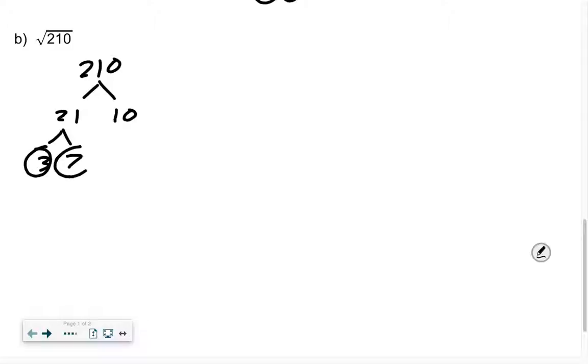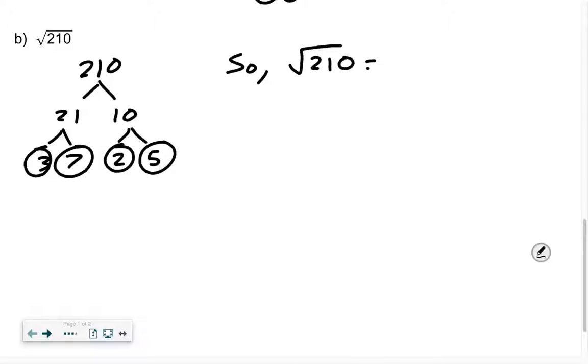And both of those are prime, and we're done. If we go to 10, we have 2 and 5. Very good. So at this point, we have the square root of 210, which is equal to the list of its primes. We have 2, 3, 5, and 7.